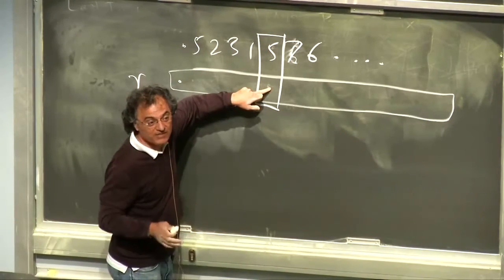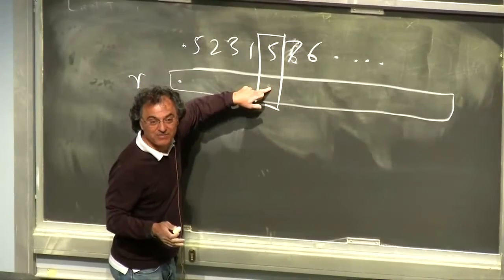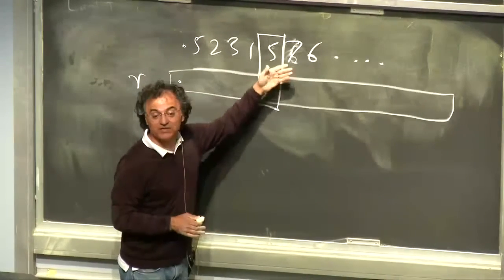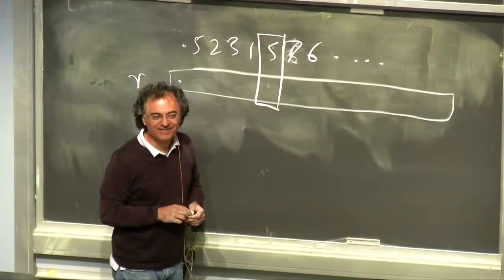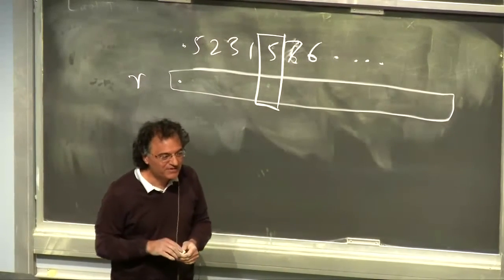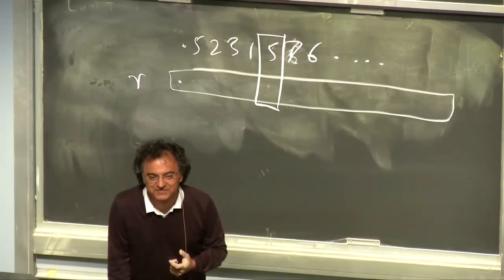So obviously it should not be a 5. But does that guarantee that these two numbers are not equal? Almost. If you remember how real numbers behave, it almost guarantees it.